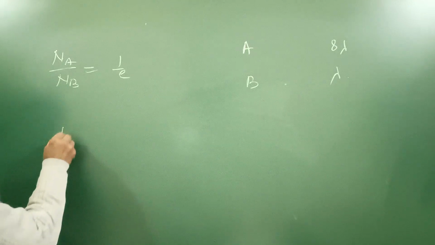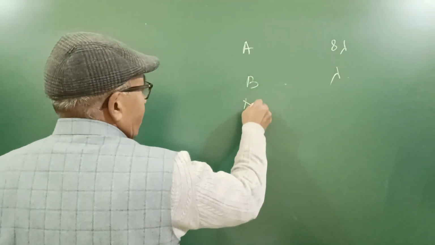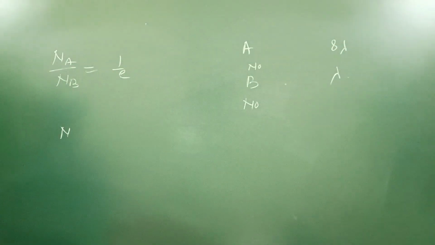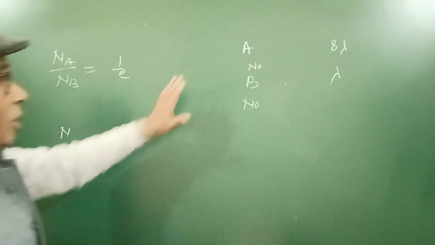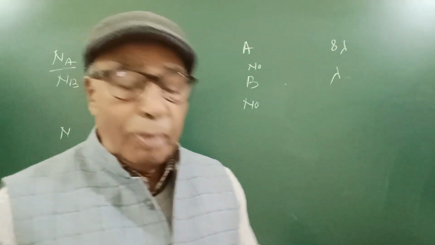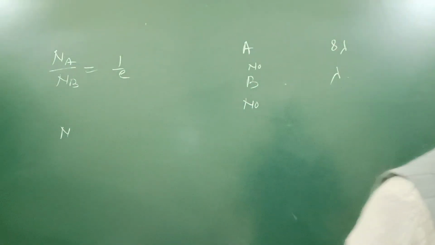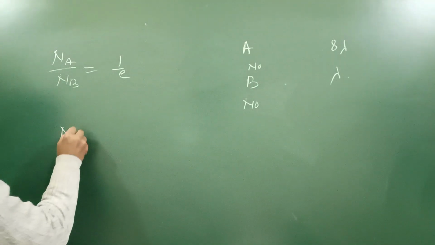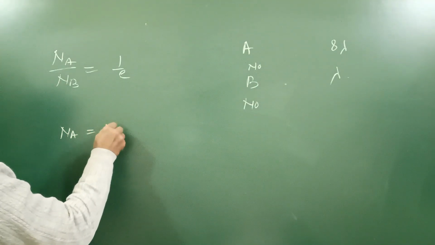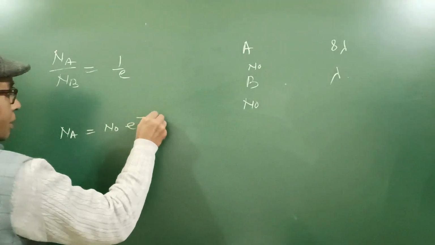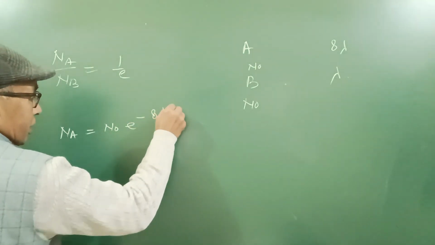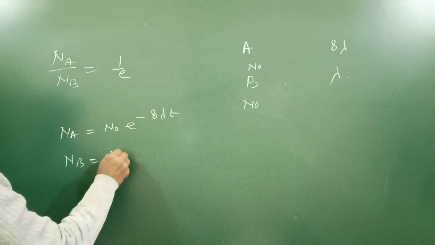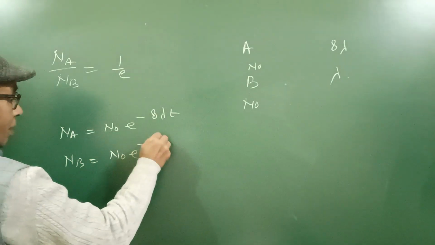Initially A and B have equal number of radioactive nuclei. So N_A equals N_0 e to the power minus 8 lambda t, and N_B equals N_0 e to the power minus lambda t.